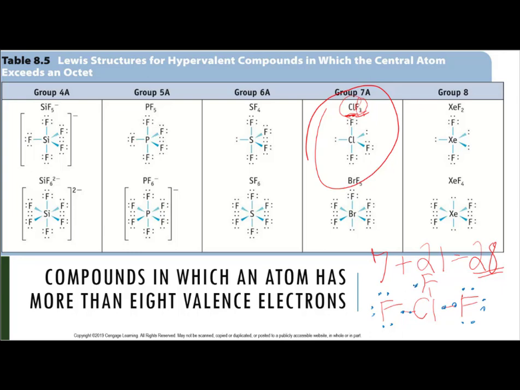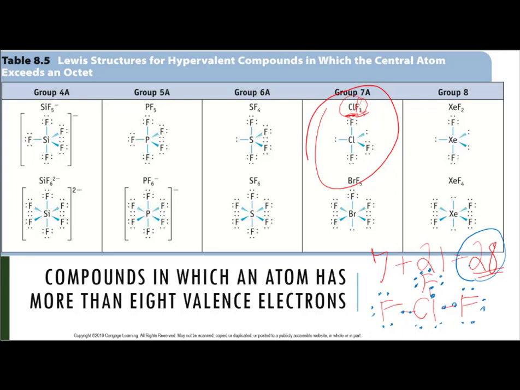Let's do the next fluorine, 8, and the next fluorine on top, 8. Now if I stopped right there, there's only 24 electrons. So we need to do 25, 26, and then another pair, 27, 28.